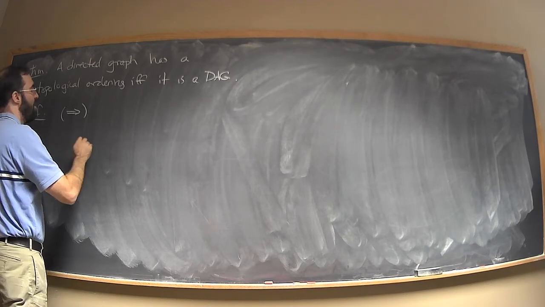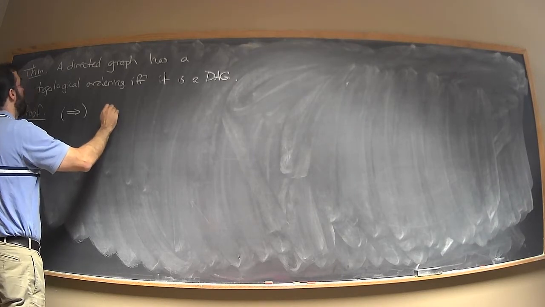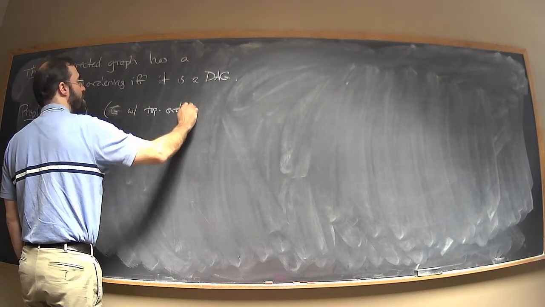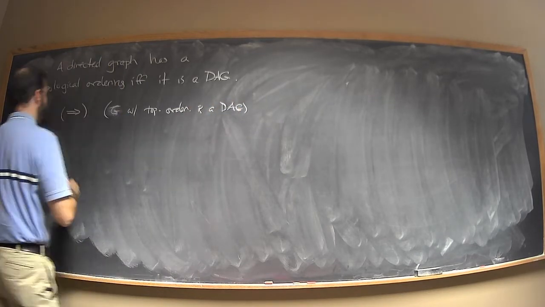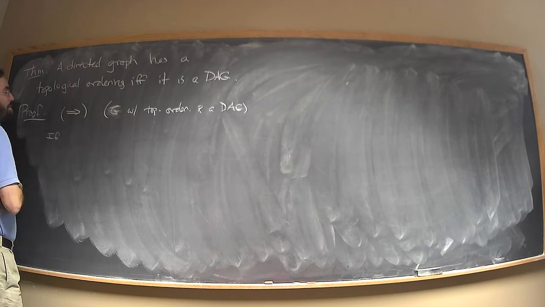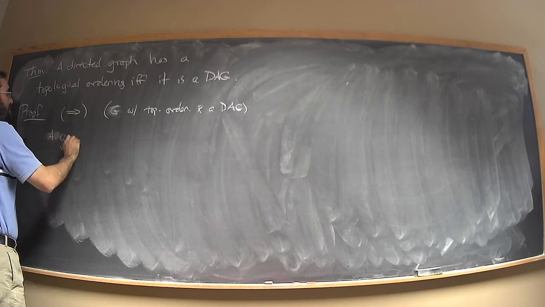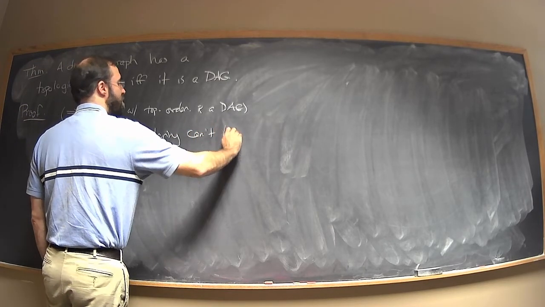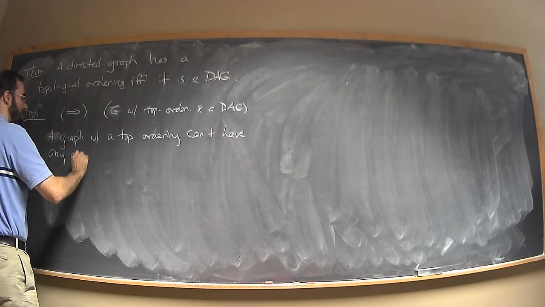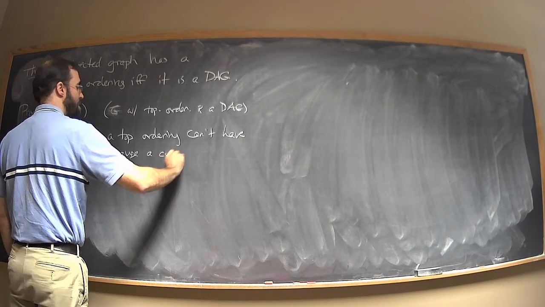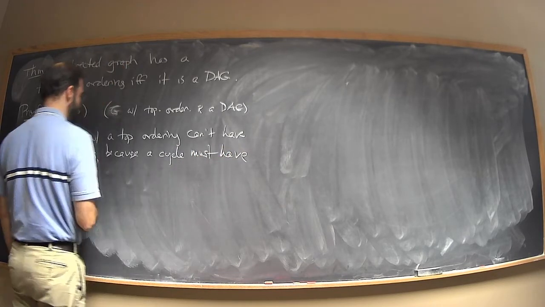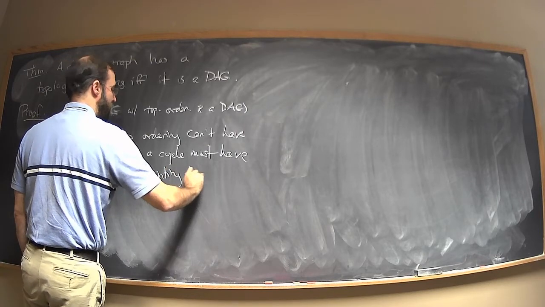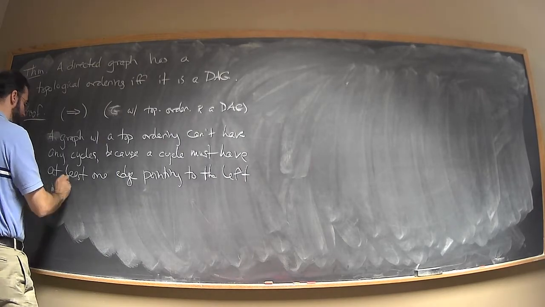And the proof is, a graph with a topological ordering can't have any cycles, because a cycle must have at least one edge pointing to the left in the topological order.